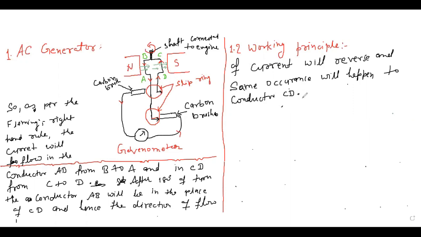So this way, so this is the way to produce alternating current.